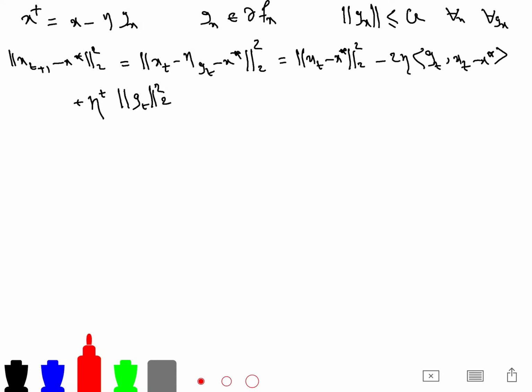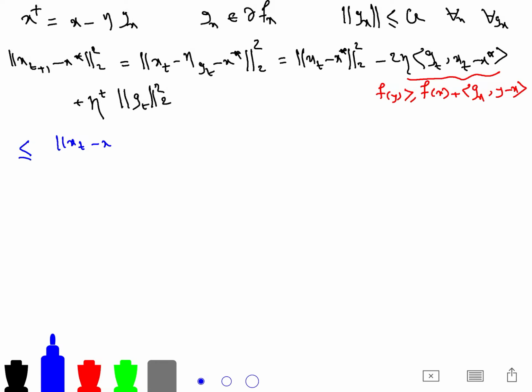And I can just use the convex property. Because for any convex function, we can write f of y is greater than f of x plus g of x times y minus x. So in simplifying this one, I can write x_t minus x star squared minus 2 eta times f of x_t minus f of x star plus eta squared g_t squared.